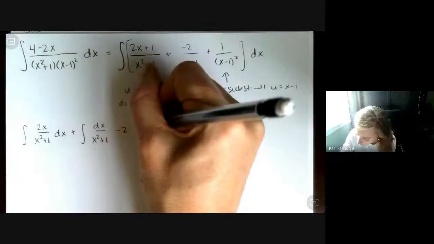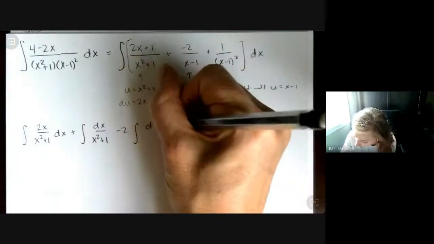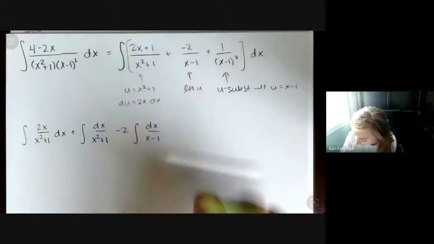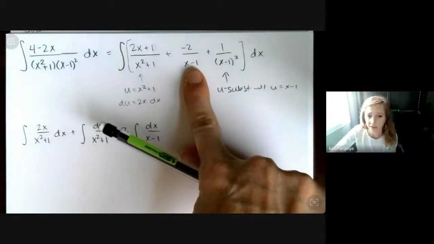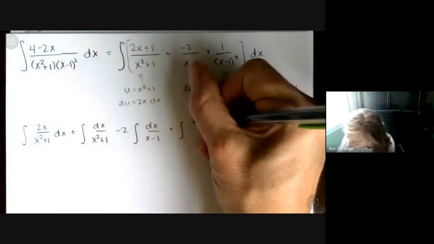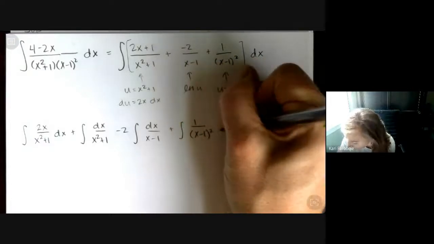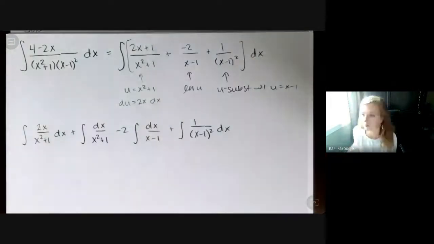Then you'll have minus 2 times the integral of dx over x minus 1, plus the integral of 1 over x minus 1 squared dx.